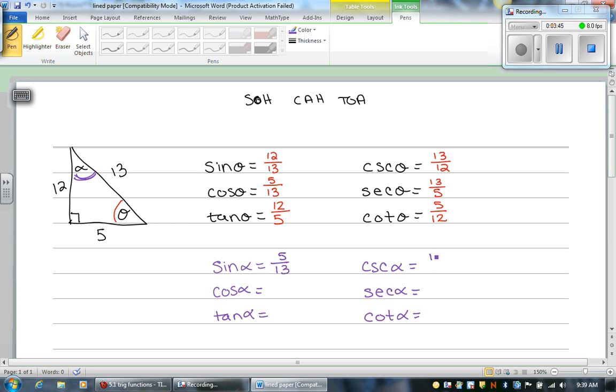The reciprocal of that is 13 over 5. Cosine is adjacent over hypotenuse, or 12 over 13. The reciprocal being 13 over 12. And tangent is opposite over adjacent, 5 over 12, and cotangent being a reciprocal of that, 12 over 5.